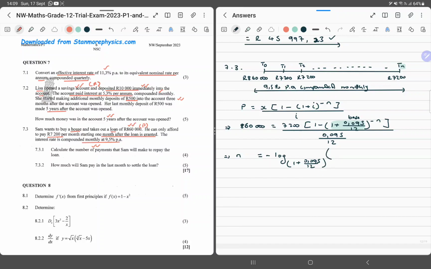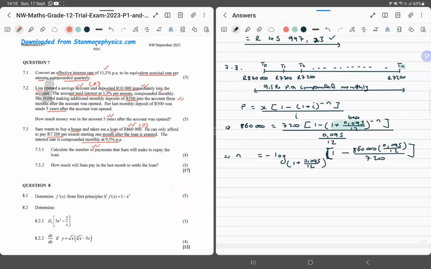And then the number is going to be 1 minus that whole expression, which is going to be 860,000 times 0,095 over 12, and then all of this divided by the 7,200.